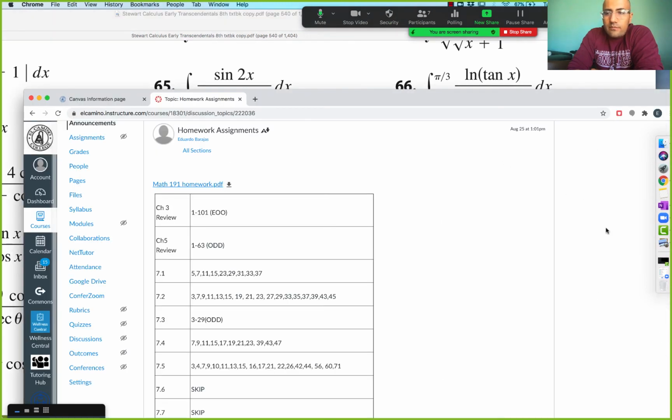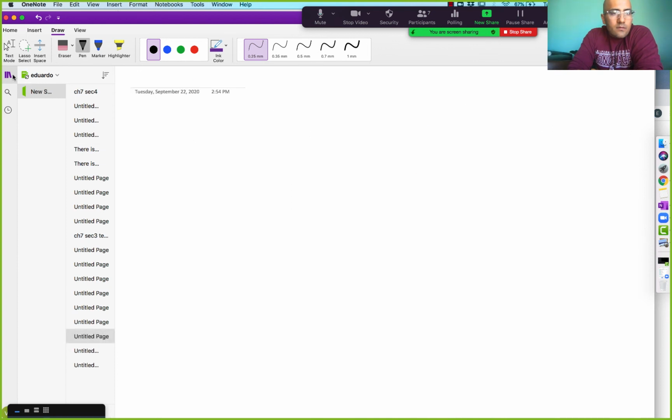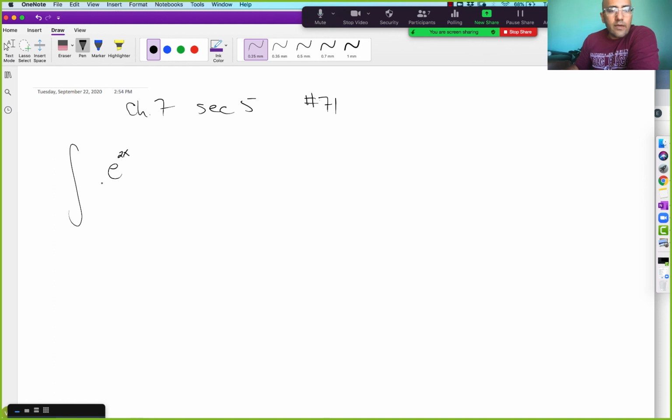Did anybody do number 71? Is that what you did? Let's see what I have. Chapter 7, Section 5, number 71. The integral of e to the 2x over 1 plus e to the x dx.